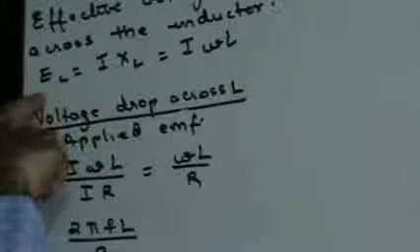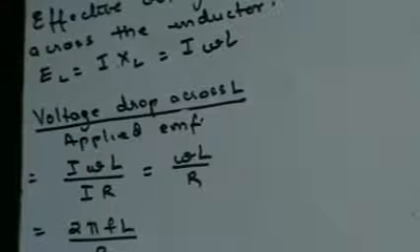Hence the voltage drop across L is quite high as compared to the EMF applied. If F becomes very high, in that case the effective voltage drop across the inductor will be very high as compared to the applied EMF.